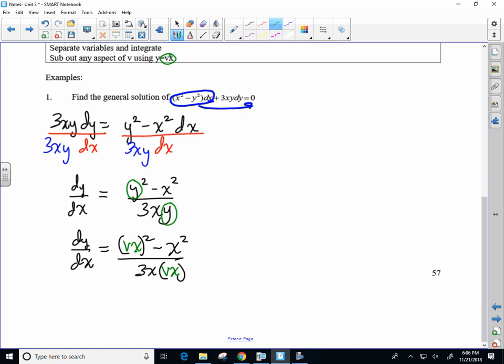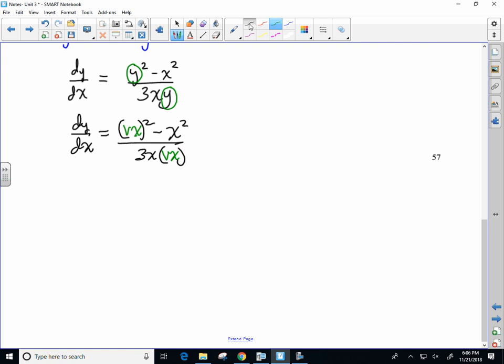All right, so let's just play this out a little bit on the right-hand side. We would have v squared x squared minus x squared over 3vx squared. Now we have a common x squared in each term. So I could divide that out.